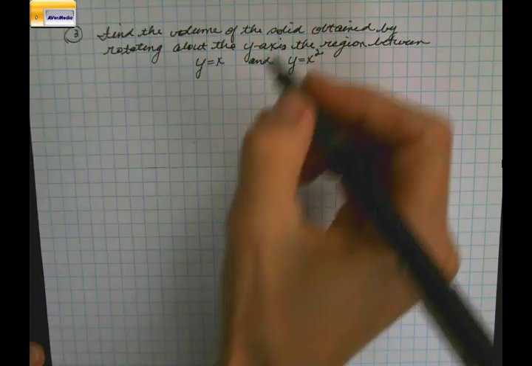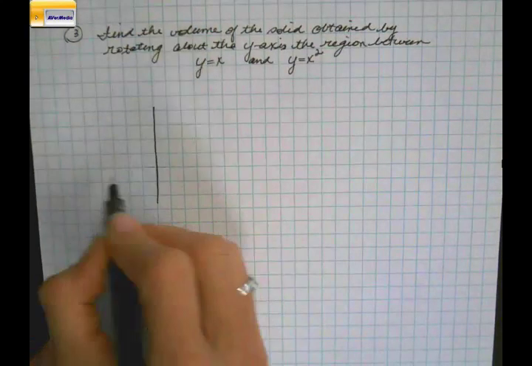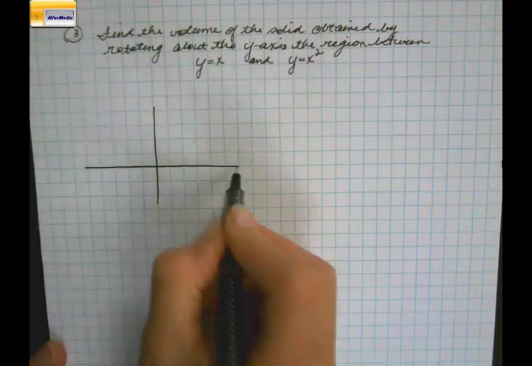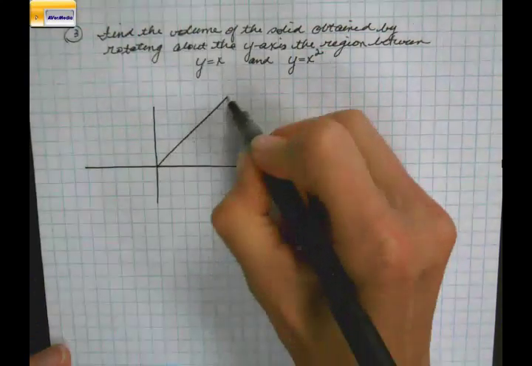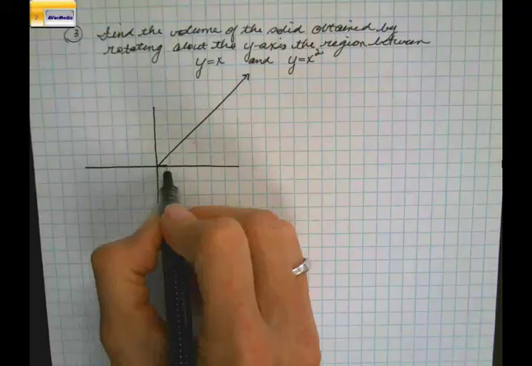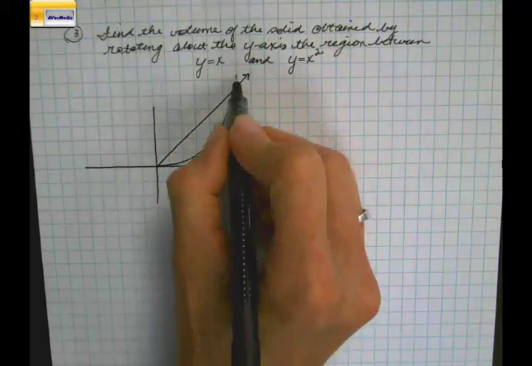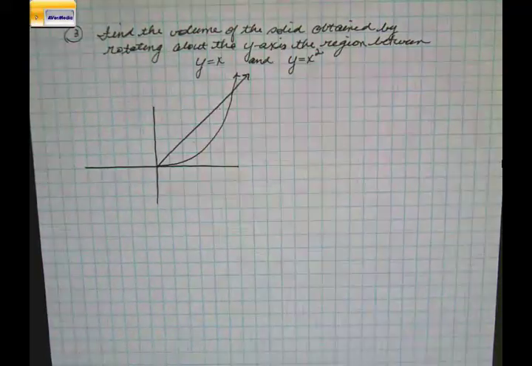So, of course, we need to get a graphical view of this, to try to figure out what in the world this thing looks like. Like I said, no fancy graphs. y equaling x is just going to be our perfect 45-degree line. And y equaling x squared is our parabola that's concave up, whose vertex, of course, is at the origin. So that's what the region is going to look like.